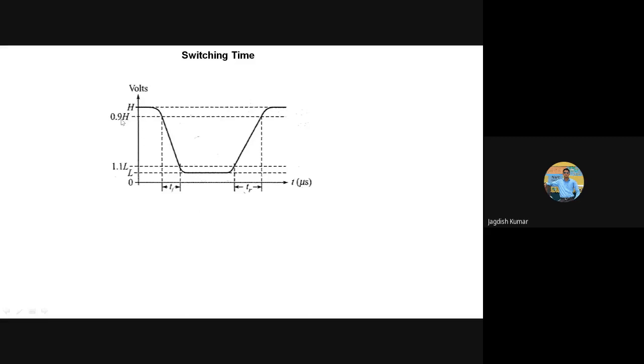Say if H is the high voltage, suppose 5 volt is the reference or high voltage, then the time which the signal takes to fall from 0.9 times H, means 0.9 times 5, or 90% of 5 volt, which is something like 4.5 volt, to 1.1% of the low voltage.